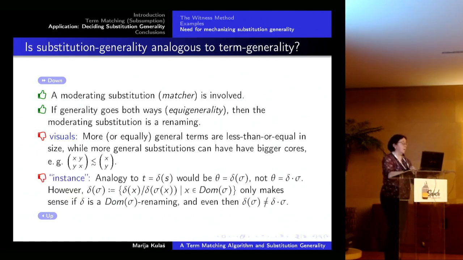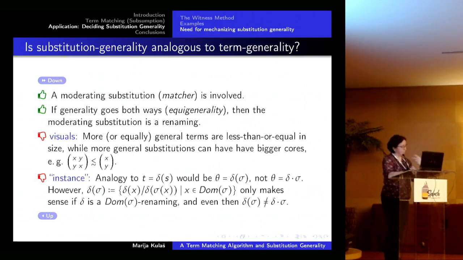And above all, the unfortunate choice of the word instance when speaking about substitution is just not correct, because by analogy, delta applied to a term S would be delta applied to substitution sigma, not delta composed with substitution sigma.